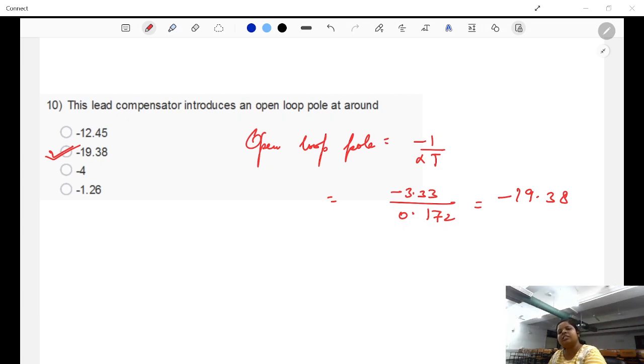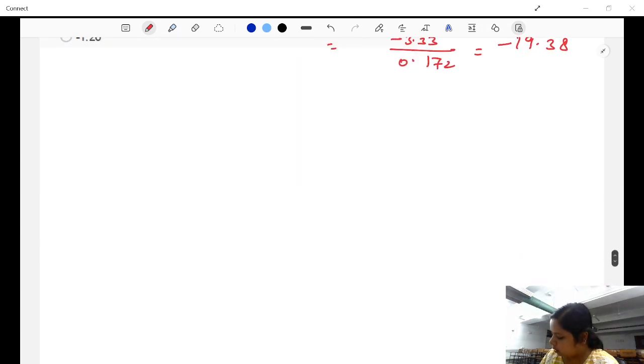All right. So this is the way in which we are supposed to find out what is the open loop pole, what is the open loop 0. It is very clear from the transfer function of the compensator that it is just minus 1 upon T and minus 1 upon alpha T. The corner frequencies are same, just you have to remove the minus sign. So that is a simple way to remember in case you are forgetting it.